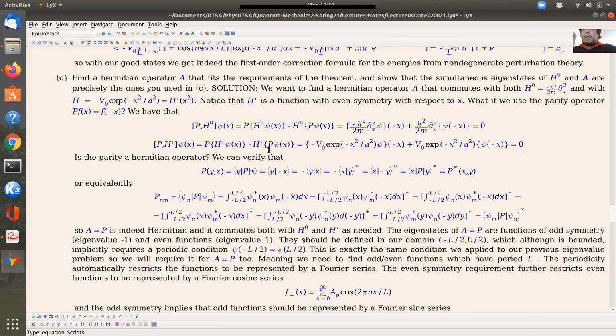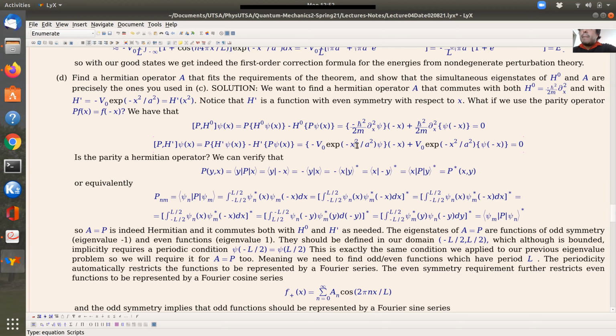On the other, okay, the minus sign goes out because you have the minus h prime. So this is the potential, and then multiplying the parity operator applied to psi of x, so psi of minus x. Now, here's the thing. Because the Hamiltonian perturbation is an even function, psi will change sign, but this part won't, because you're taking minus x squared, so that's the same as x squared.